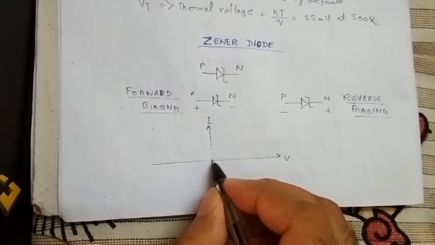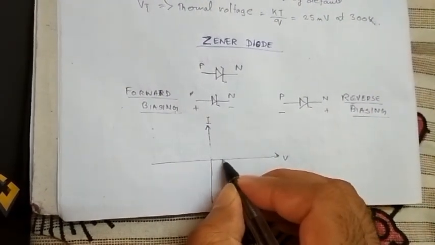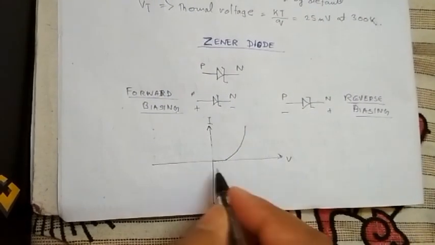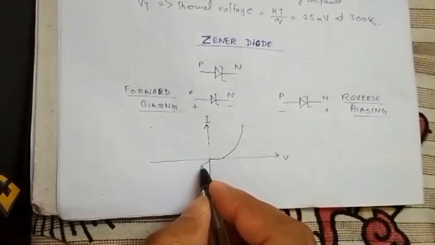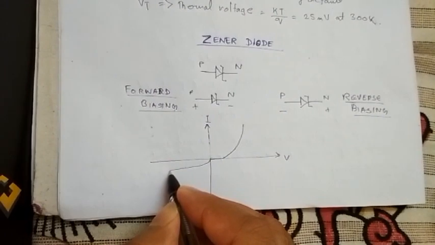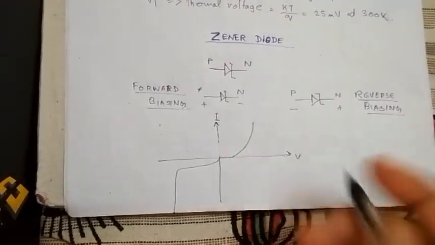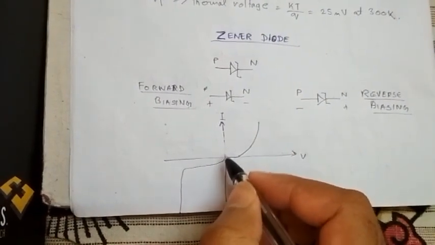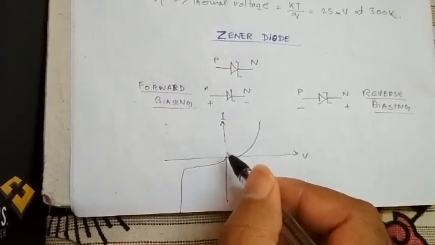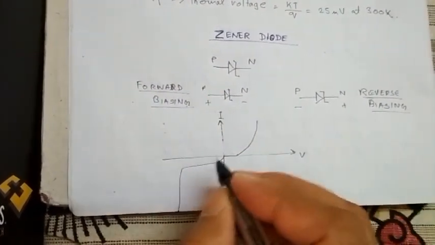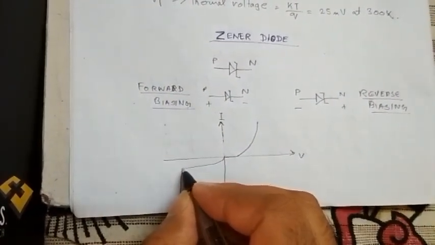This is the voltage terminal, this is current terminal. This is the characteristics of Zener, where we'll see that due to the application of the negative voltage, the reverse characteristics is like this.